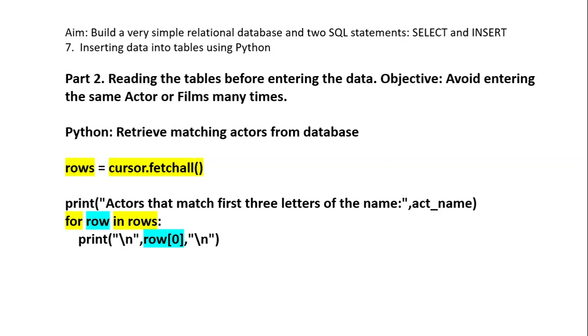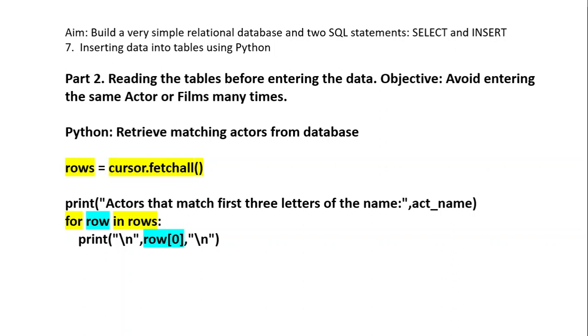So the for loop iterates around rows and puts each successive entry in rows into the variable or identifier row. And row is a row from the database where the first column is the actor name.